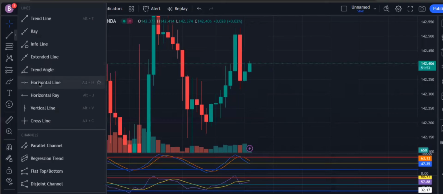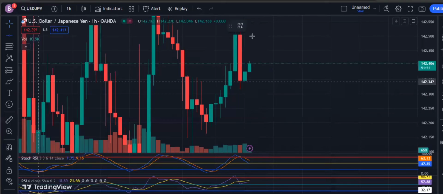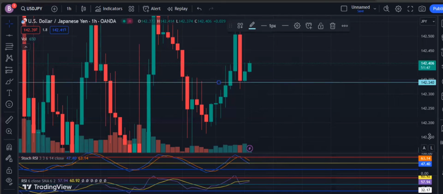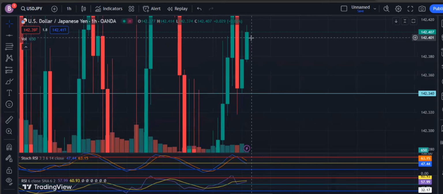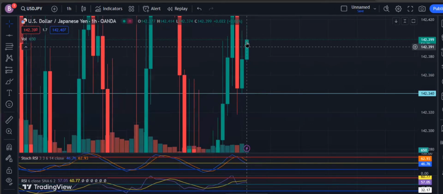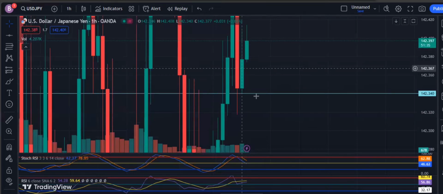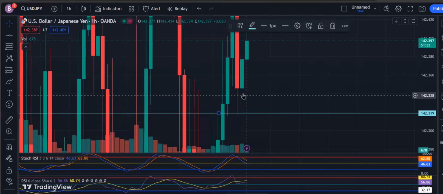This is what I do. I pick a horizontal line. I broaden this chart. I want you to understand that what I'm charting is not the current candle, but the previous candle. Now, I pick the wick, or the shadow, or the tail of the previous candle.